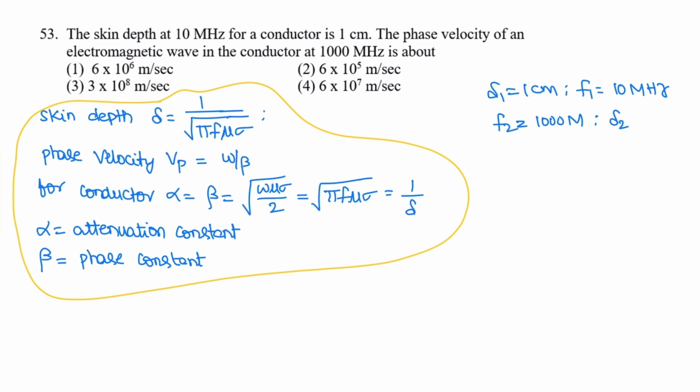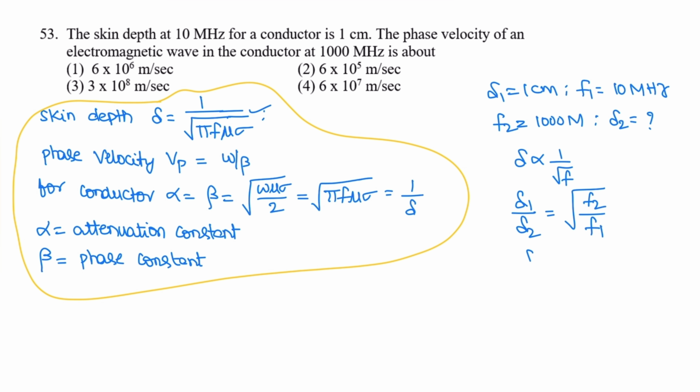Initially we need to find delta 2 to obtain the phase velocity. From this expression, delta is inversely proportional to square root of frequency. So delta 1 by delta 2, the skin depth at frequency 1 by the skin depth at frequency 2, is the square root of frequency 2 by frequency 1, the ratio of opposite frequencies.